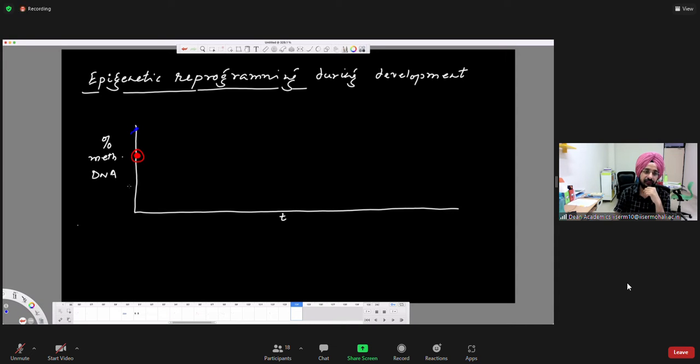And I have shown sperm on the top because the methylation or the compaction of sperm DNA is very high. There is a reason why we have very compact DNA, because the proliferation of sperm is very rapid, so it's more prone to DNA damage. Looking for multiple reasons, not only the proliferation, the meiosis activity is also high.